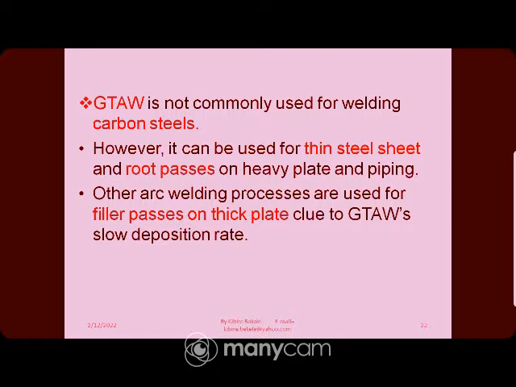As we already discussed, it can weld any weldable metals, but it's important to compare the costs. However, it can be used for thin sheets.